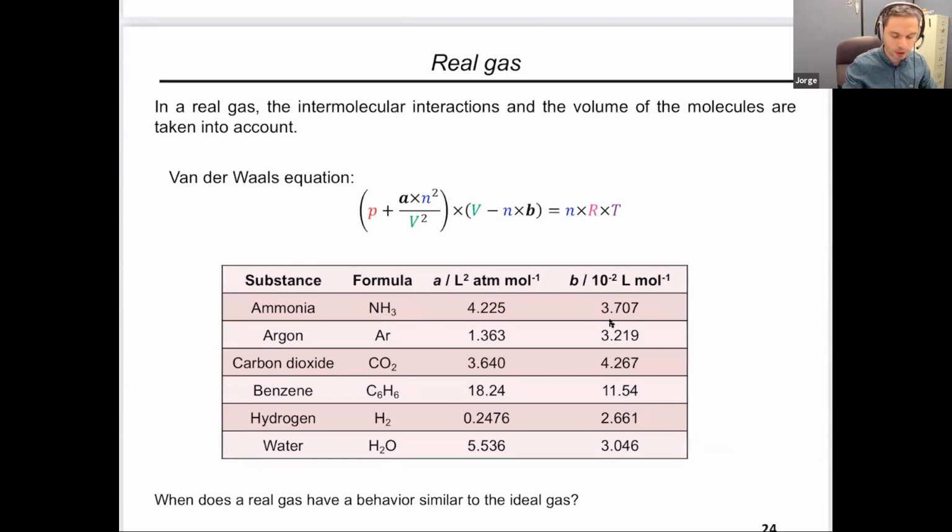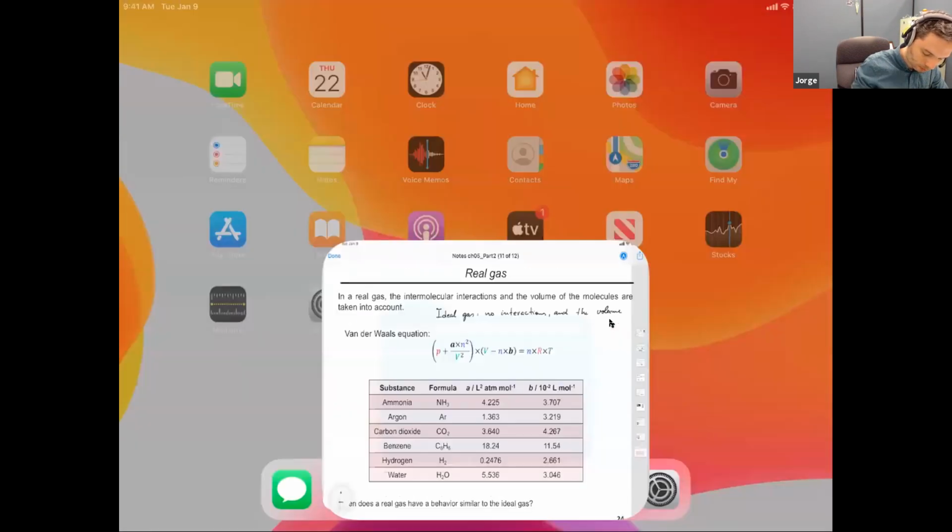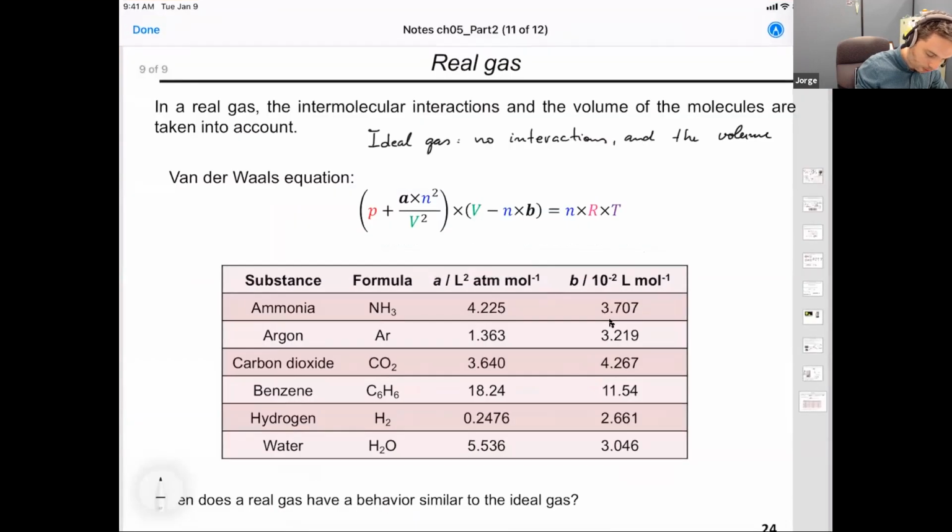Okay, so let's do a quick recap here about the ideal gas first. For the ideal gas, we have no interactions and the volume of the molecules is basically zero.